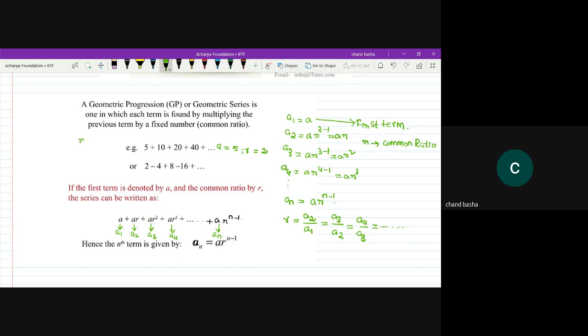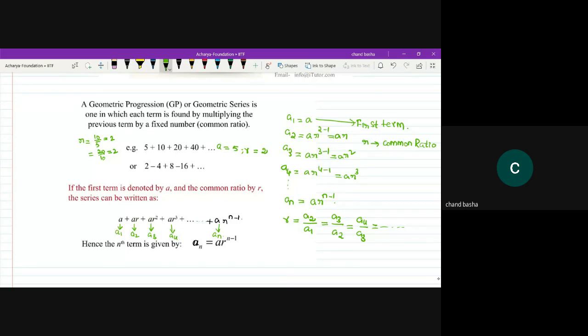The R value, second term upon the first term, is equal to 2. Or if you want, you can take third term upon the second term, that is also 2. If the ratio is fixed, the ratio is the same, we can call the given sequence of numbers a GP, geometric progression. If the difference is the same, we call it an arithmetic progression.